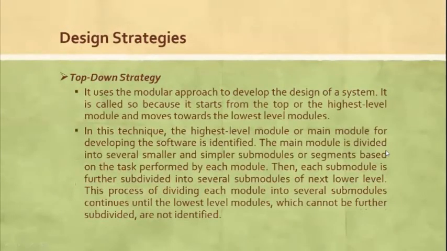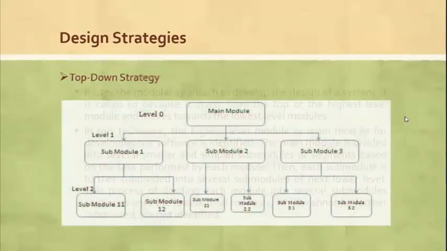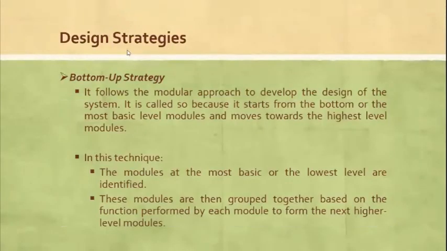Then with regards to design strategy, so we have mentioned the top-down strategy, which starts with the highest level module and moves towards the lowest level module. Then the bottom-up strategy, which starts with the most basic level and moves towards the highest level module.